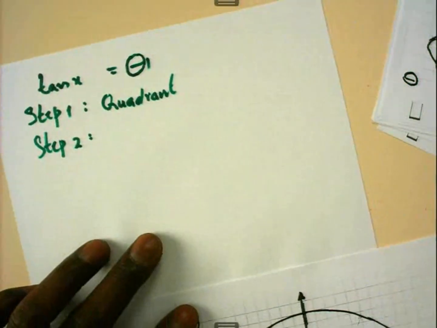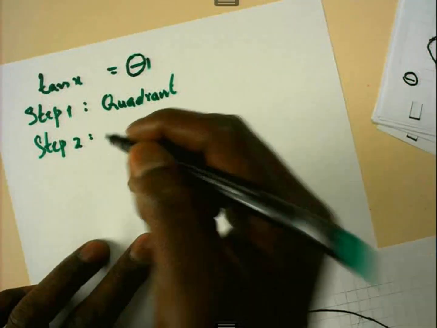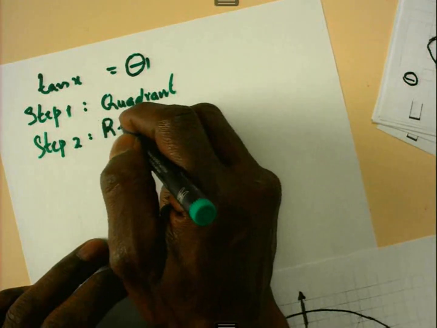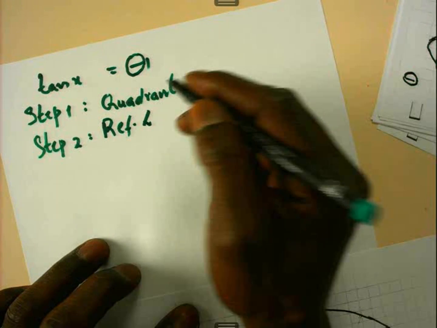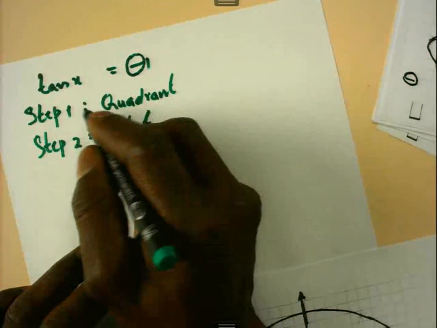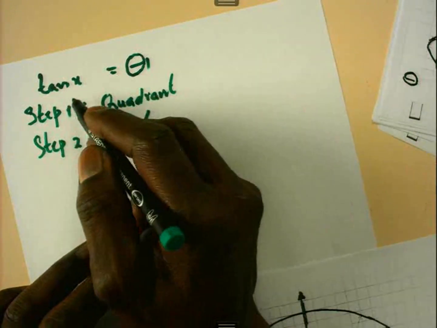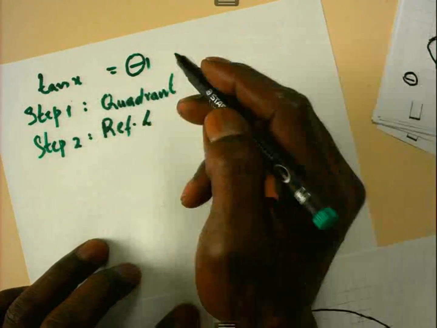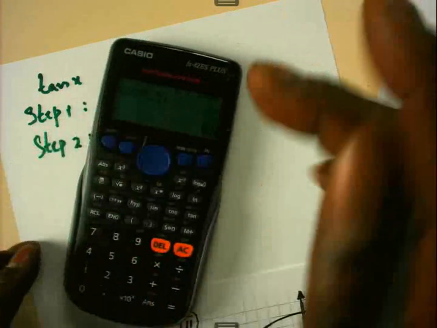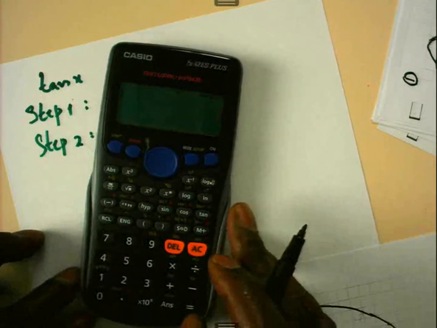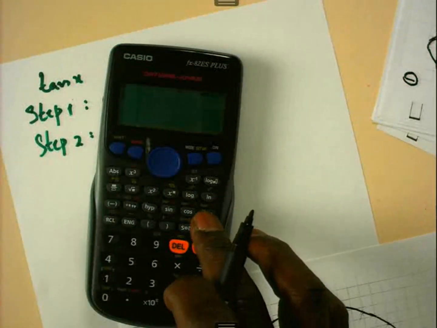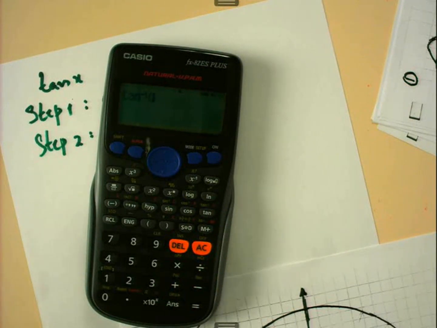Now, step number 2, we are going to find the reference angle. We are going to refer to this angle to find the solution for the equation tan x is equal to -1. How do we do that? We take the calculator and do the same thing as before: second function or shift, and in this case we are working with tan.